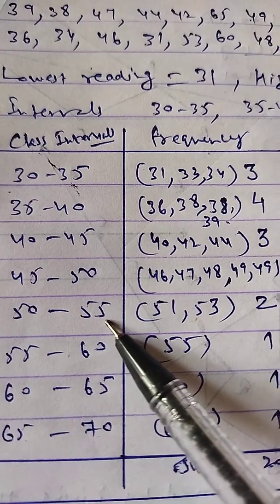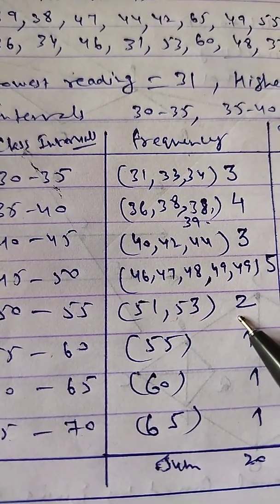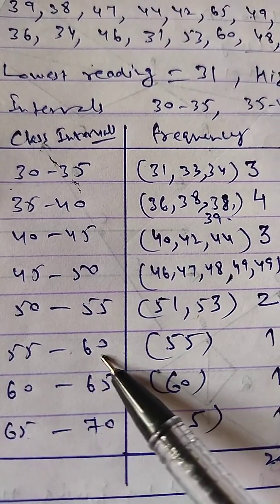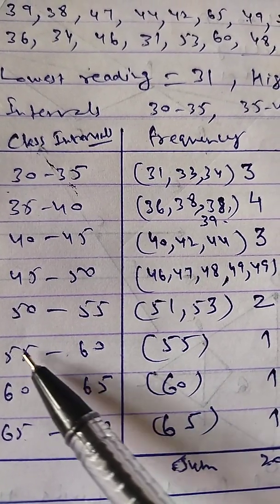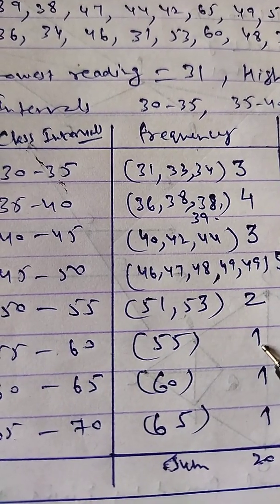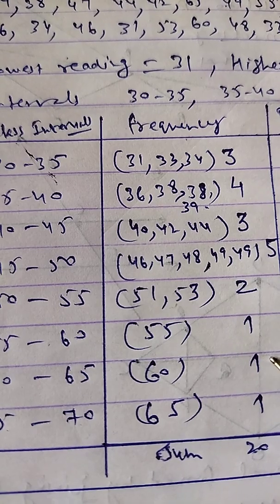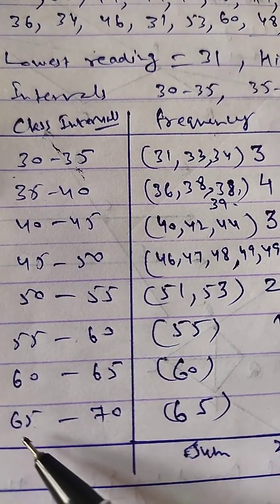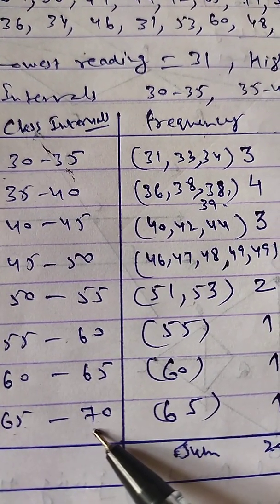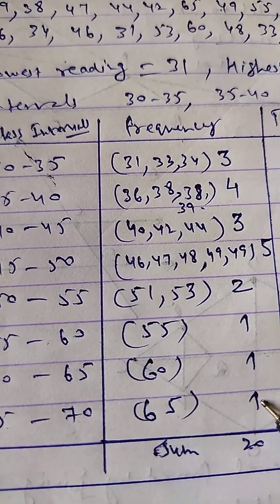In 50 to 55, only 2 readings are lying there, 51 and 53, so the frequency will be 2. In 55 to 60, only 1 reading is there, so you have to write 1 here. 60 to 65, again 1 reading is there, so again the frequency is 1. And similarly 65 to 70, again 1 reading is there, so the frequency is 1.